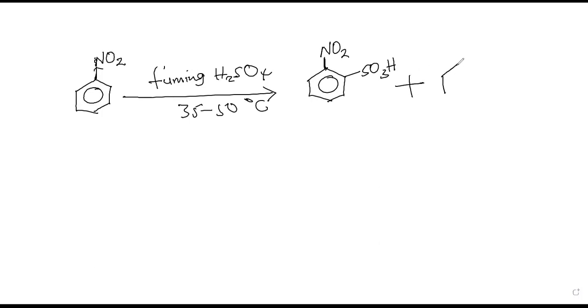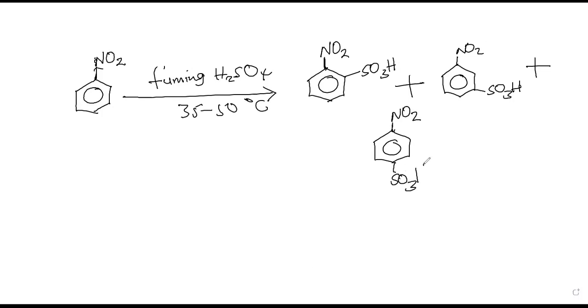Plus NO2, SO3H, plus NO2, SO3H. The difference is that here we form 6.4%. I want you to see, here you form 93.3% of the meta product, but here you form 0.3% of the para product.